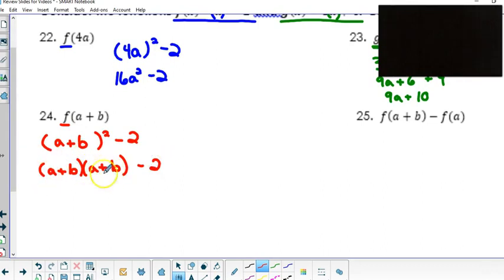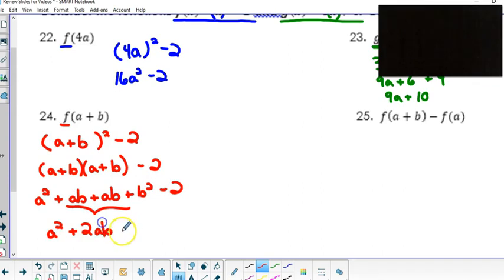When you multiply a times a, you get a squared, and a times b is ab, and b times a is ba, which is the same thing as ab, and b times b is b squared. And we combine our like terms right here, and we get a squared plus 2ab plus b squared minus 2. There are no more like terms, so this is our expression.